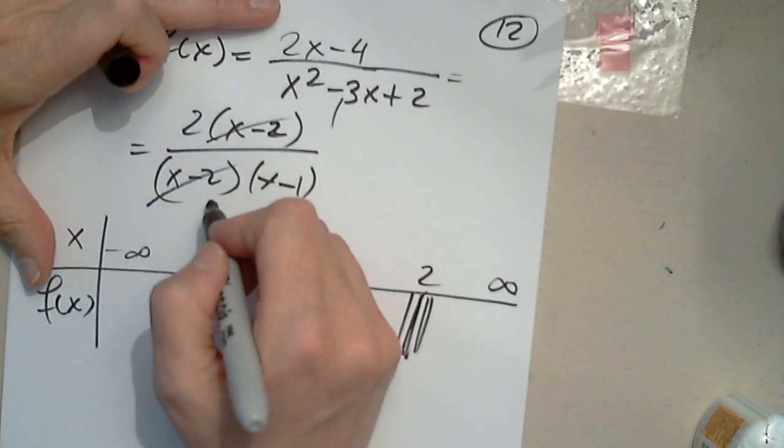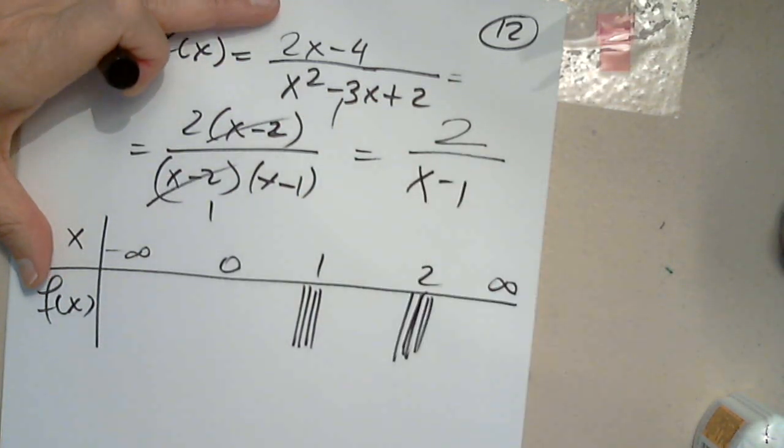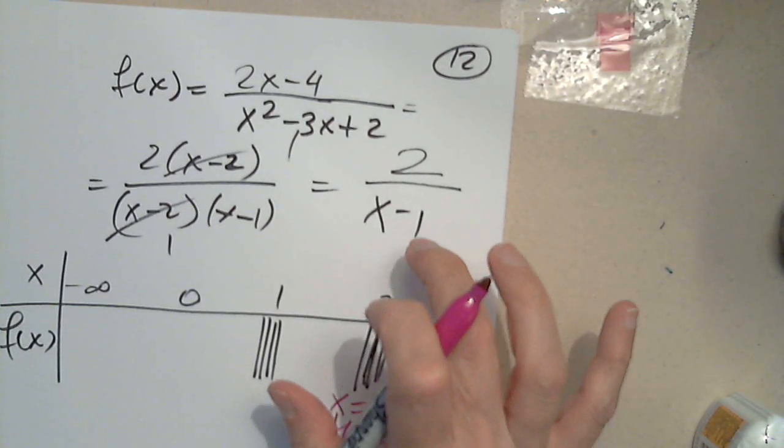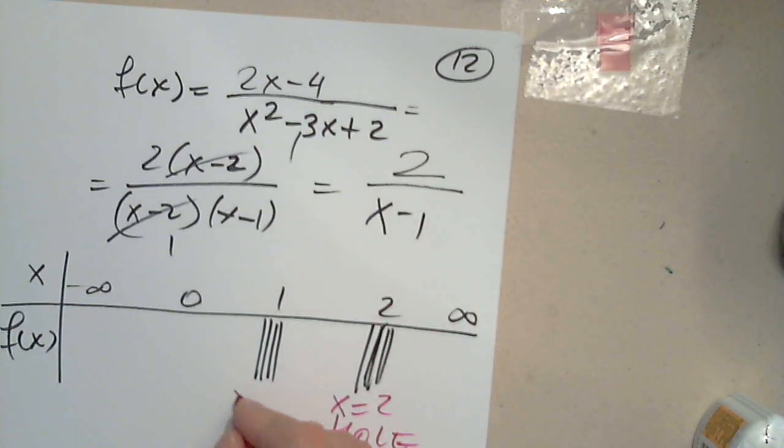Now you can simplify, and you have 2 over x minus 1, that's the simplified form. As we remember, the factor that goes away is a hole in the graph. The factor that stays that I can't get rid of is a VA.